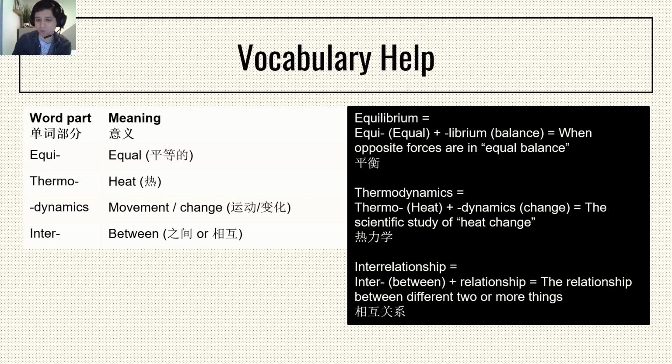It does mean equal. So equilibrium means balance. So really what it means is when opposite forces are in equal balance. We see this often in systems. We use it when talking about systems. Often it means maybe one part of the system is not much higher than another, or that maybe over time the system doesn't change too much, it stays the same.